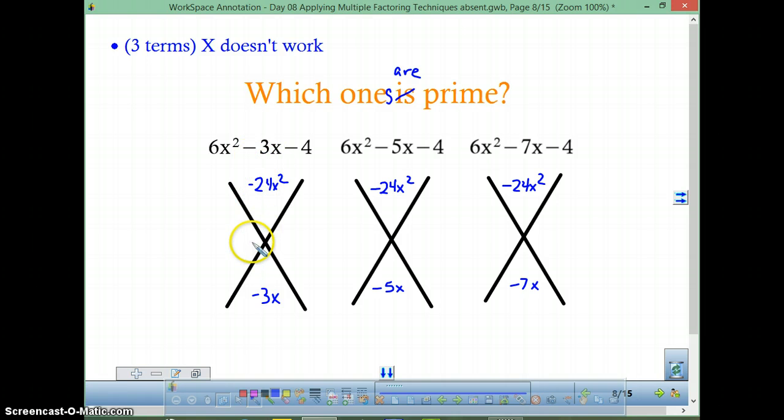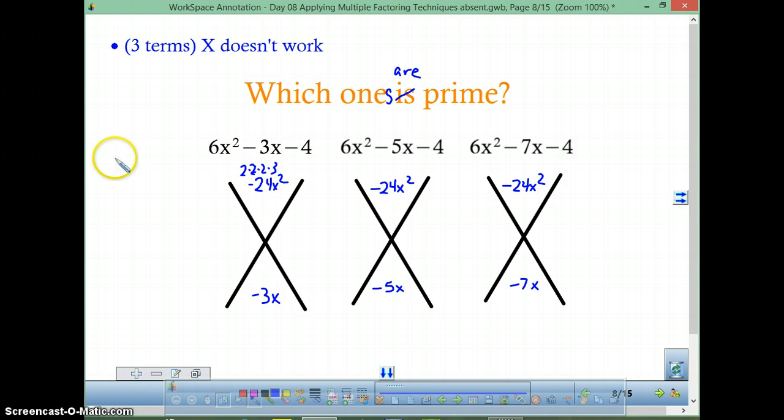Can you think of two numbers which multiply to negative 24 and add to negative 3? That's hard. Well, before you give up, don't just say it's prime. Let's think about what are the prime factors of 24. 24 is just 8 times 3, and 8 is 2 times 2 times 2. So 24 is 2 times 2 times 2 times 3.